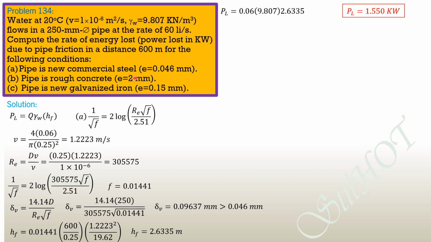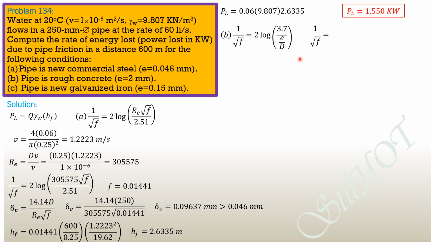For the second, the pipe is rough. So the roughness is 2 mm. So this is indeed rough. So the pipe behaves as fully rough in this case. Therefore, 1 over square root of f equals 2 log quantity 3.7 over E over D. That's the formula for pipes that behave as fully rough pipe. Then everything is known.